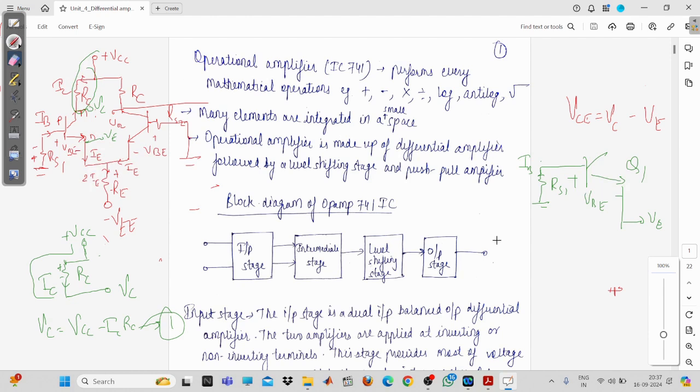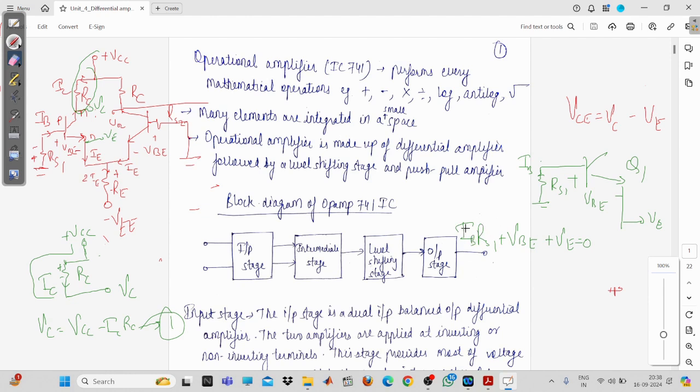So in that case, IB into RS1, then plus VBE, then plus VE will be equal to 0. You can see this is plus and plus. I think this point is plus and VE is measured with respect to some point. That's why this current will encounter the plus only. So now you can see that the beta value is very high.